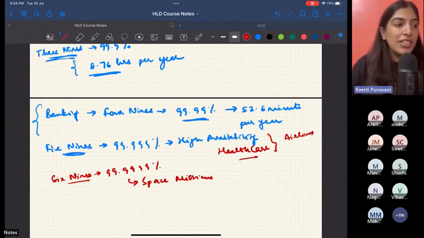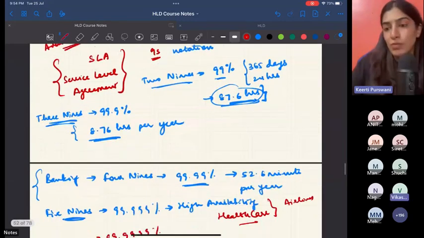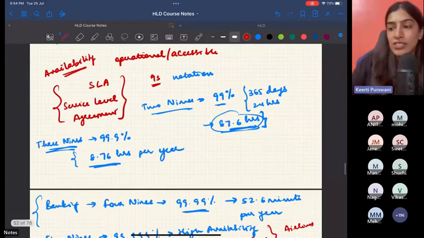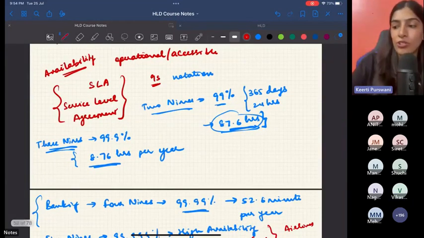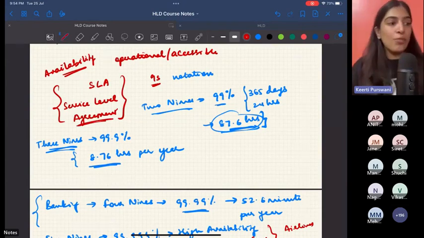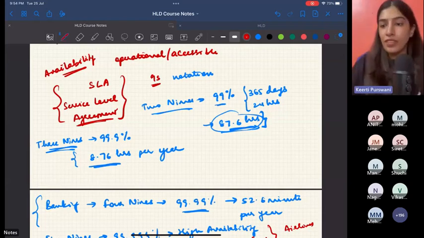You would not want it. So basically only in systems where some sort of disruption will happen if you don't support it, then only you would spend so much money on it, right? So what sort of availability your system provides, you're going to write in what? You're going to write in the service level agreement. You mention that this is how my system is going to perform, right?